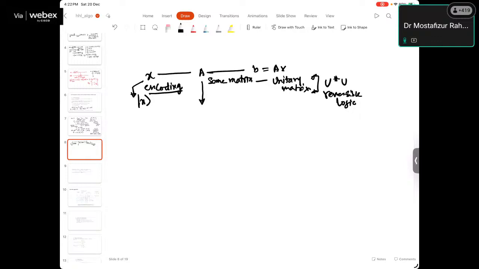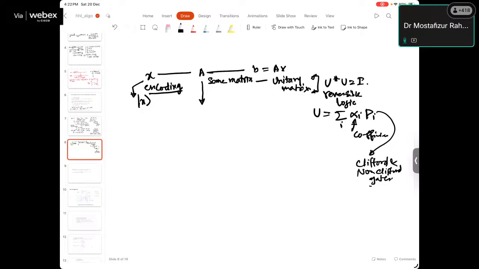But the condition is U star U equals the identity matrix, right? And U can be decomposed into certain coefficients times Pauli words, where the a's are certain coefficients, and these P_i can be your Clifford gates or non-Clifford gates, right? So I'm not going into the detail of this.